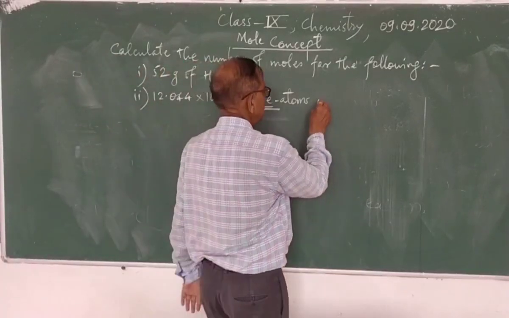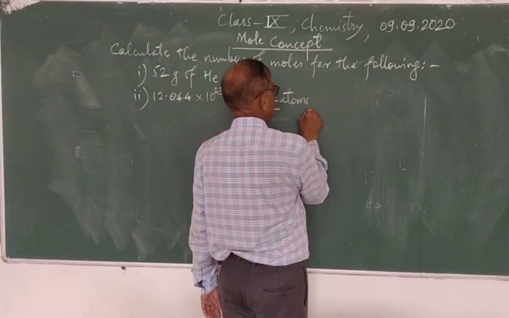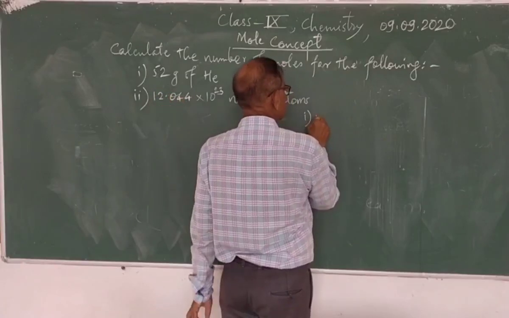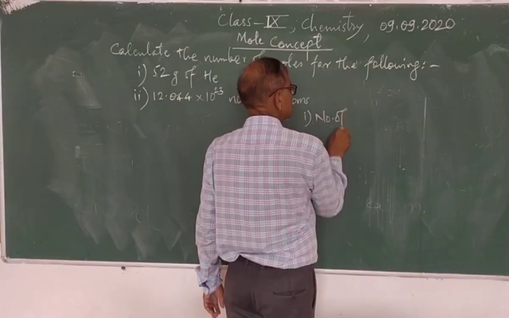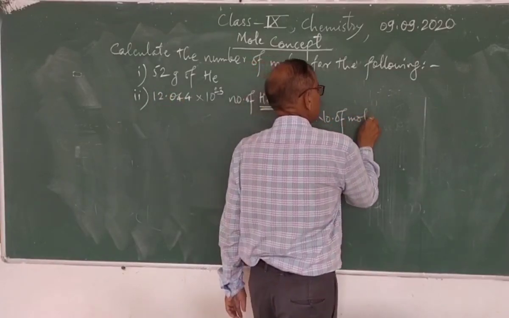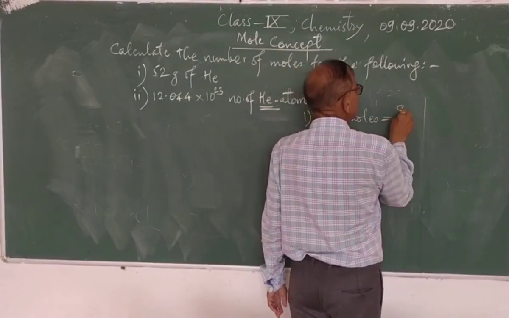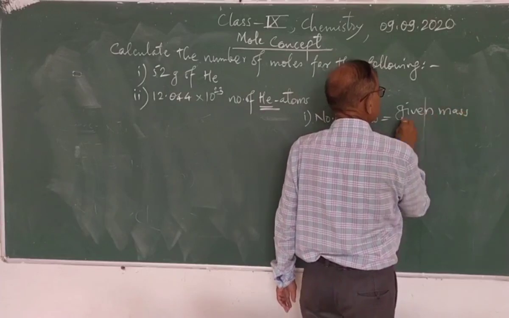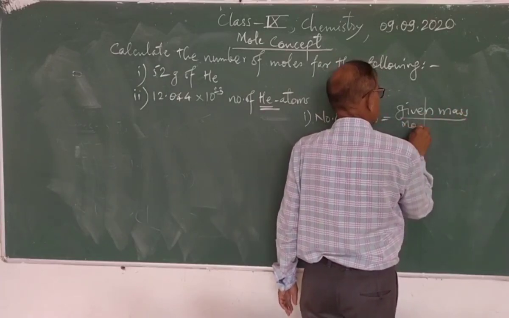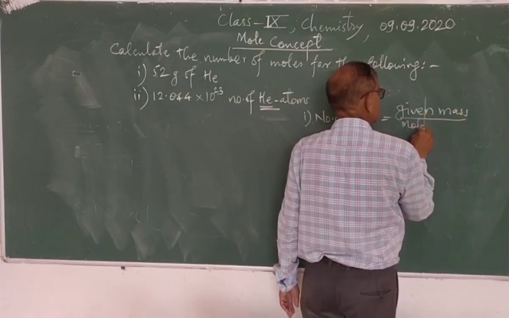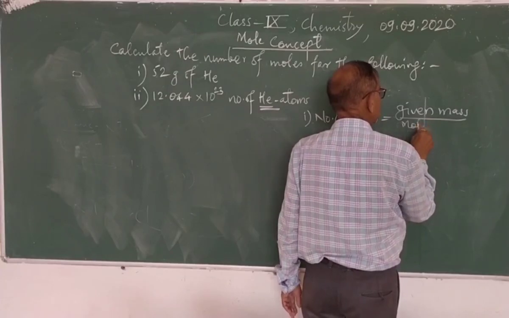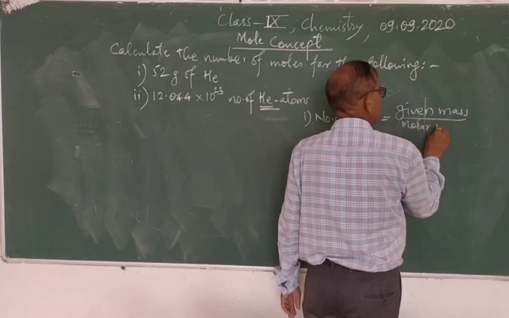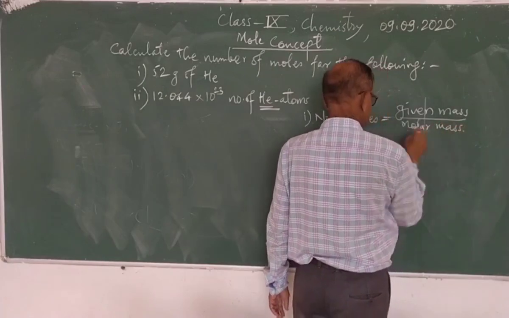So we will solve the first numerical, first part. Number of moles is equal to given mass upon molar mass or molecular mass.